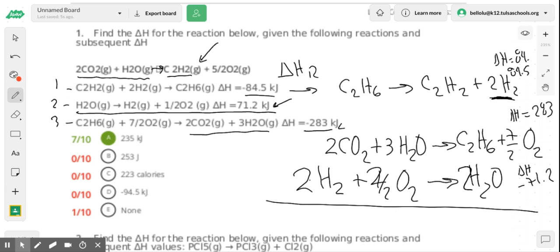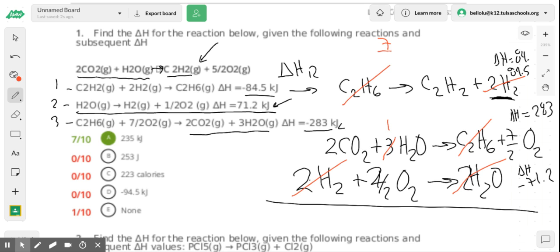So these 2 hydrogen will cancel with these 2 hydrogen. Then I have the C2H6 cancel with this one here, and 2 water will cancel with the 3, and then I will have 1 water remaining.